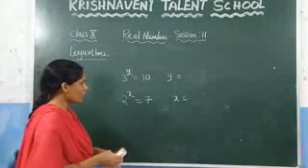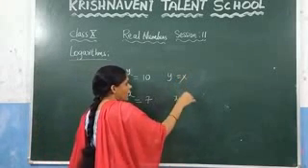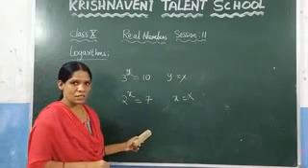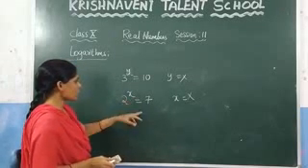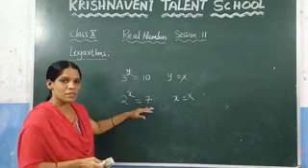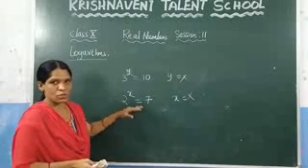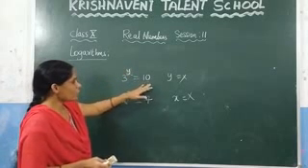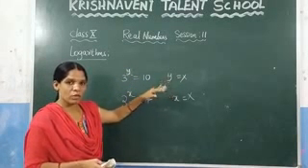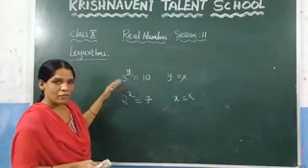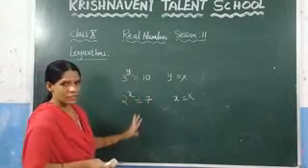So we cannot find the value of x and we cannot find the value of y if you are given the condition like this. If 2 power x is equal to 7, we cannot find the value of x since we cannot express this 7 with the base 2. Here also, if you are given 3 power y is equal to 10, we cannot find the value of y because we cannot express this 10 with the base 3. For that reason, we cannot find these values.